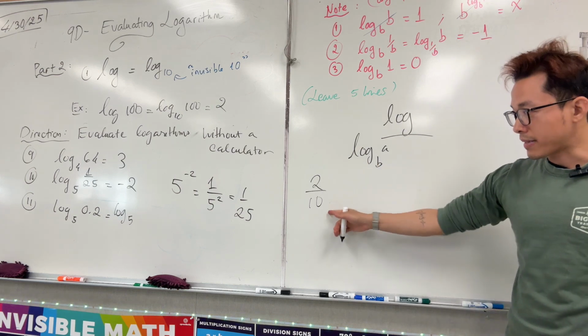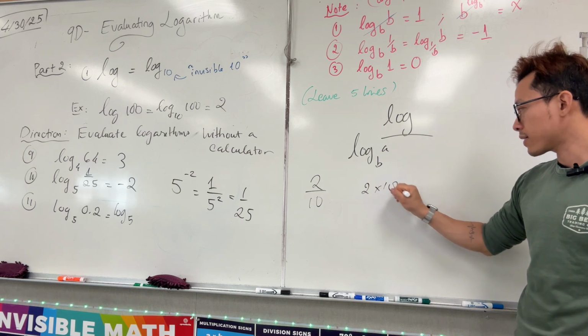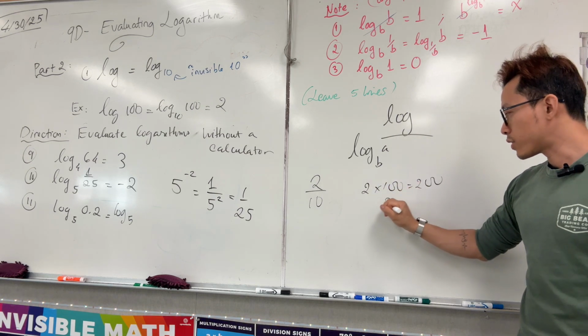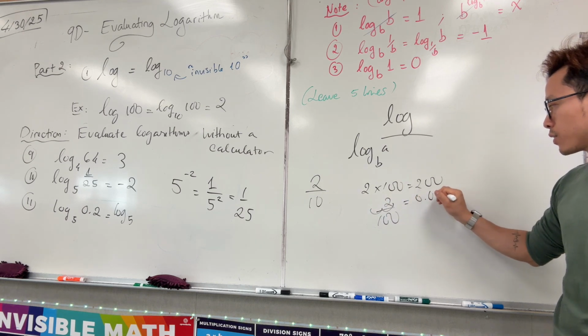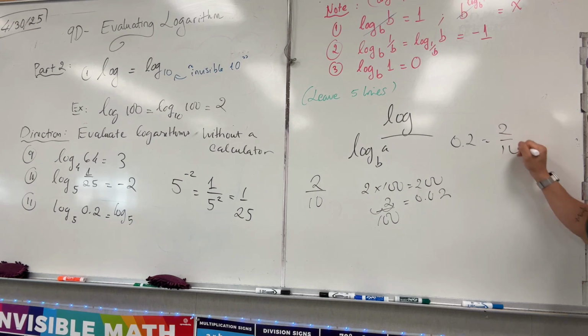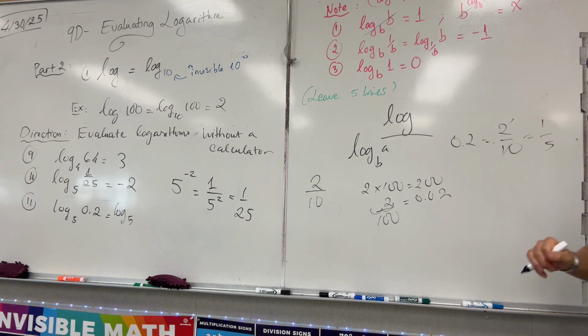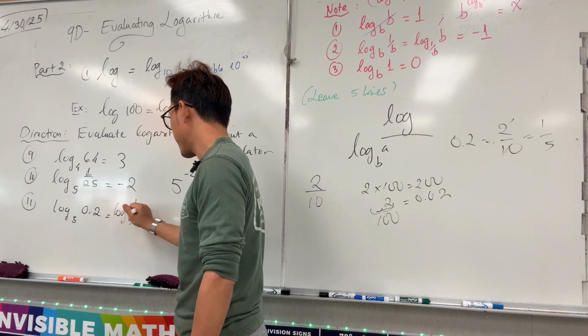You divide by 10, you move the decimal place, right? If you simplify it, you're going to have 1 over 5. If you don't know immediately, 0.2 is 1 over 5. Okay, so this is 1 over 5.